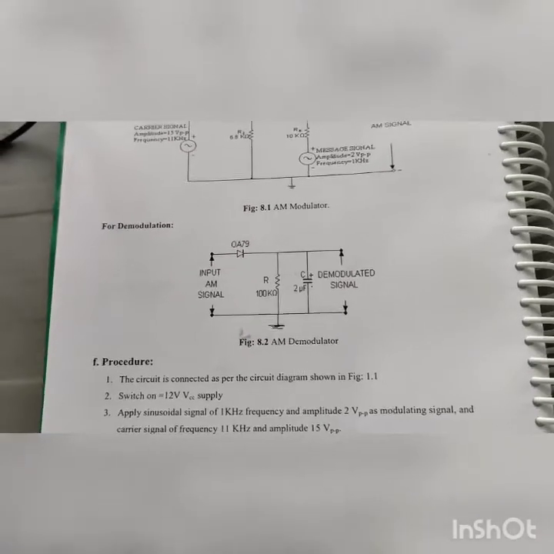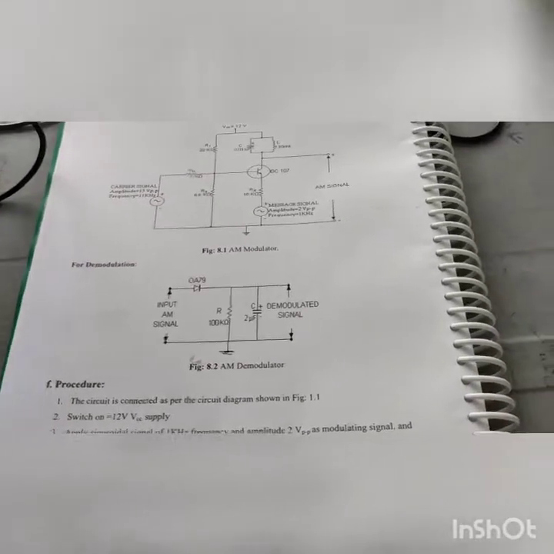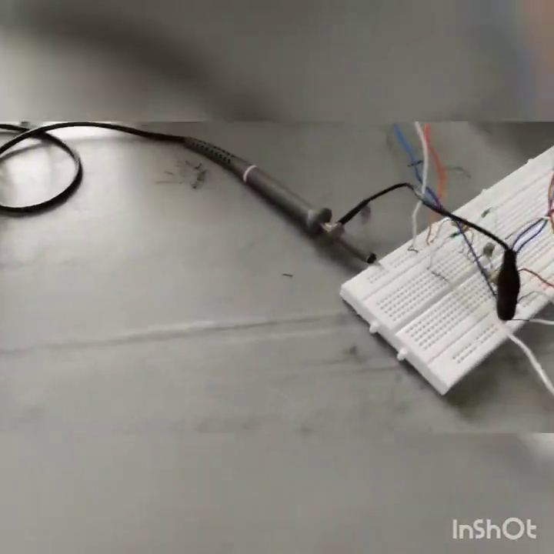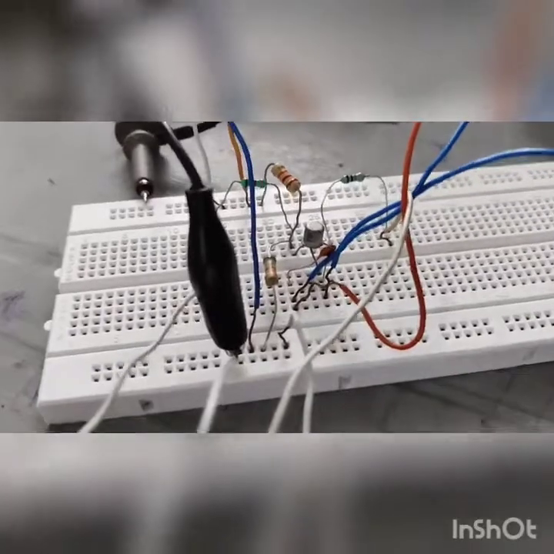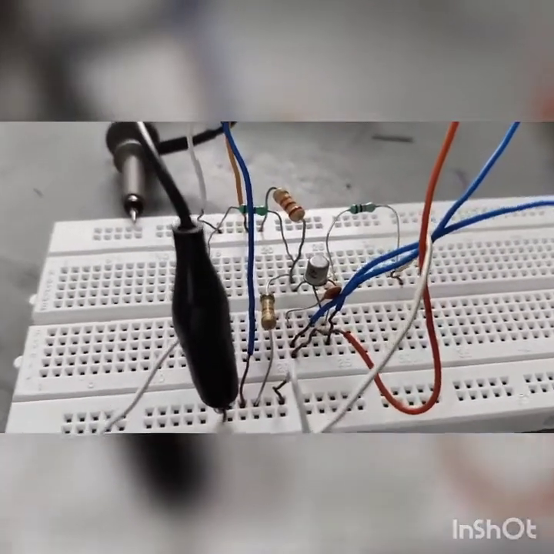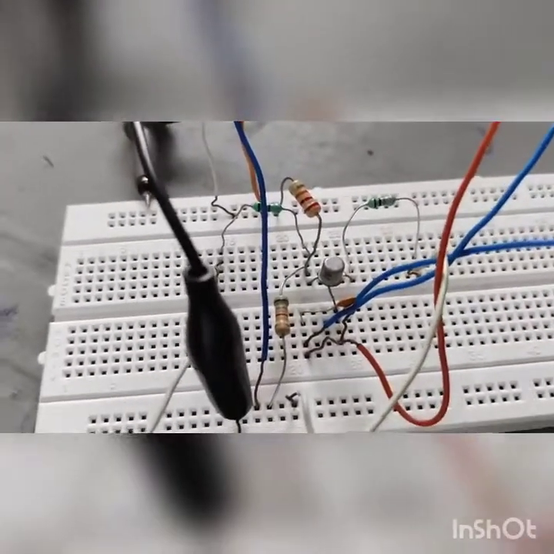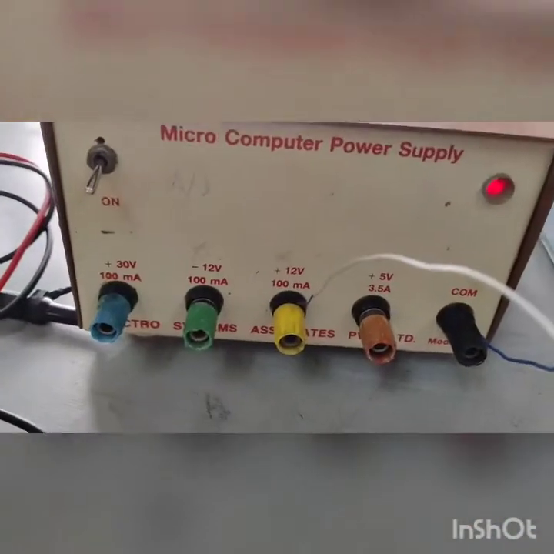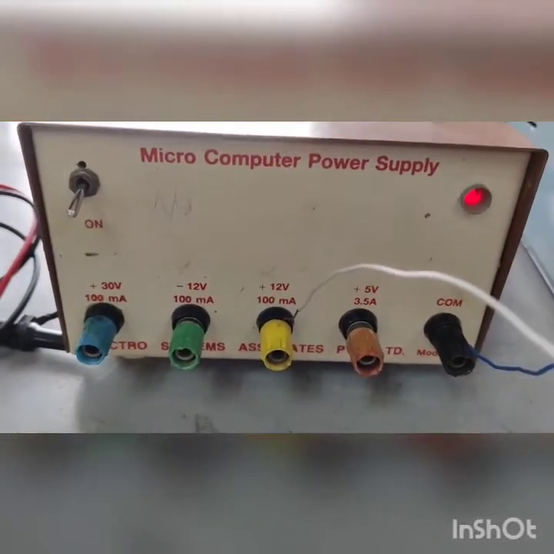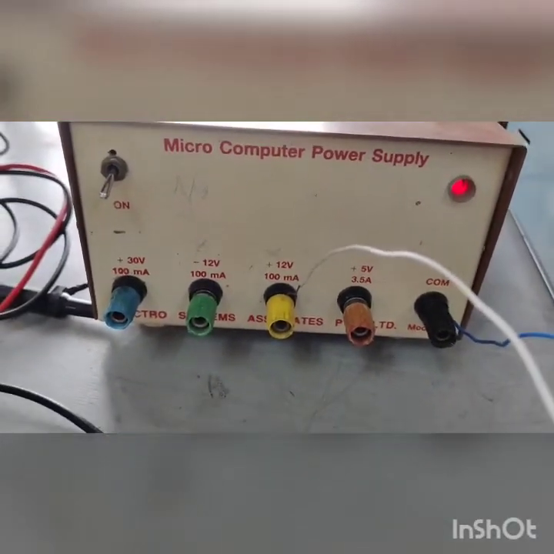The procedure for this experiment is, first of all, collect all the components that are required, verify the values as per the requirement. You will be using BC107, and then you will be using one resistor of 22K connected to 12 volts. I have a DC supply here which has been taken from 12 volts positive, and I have connected common.